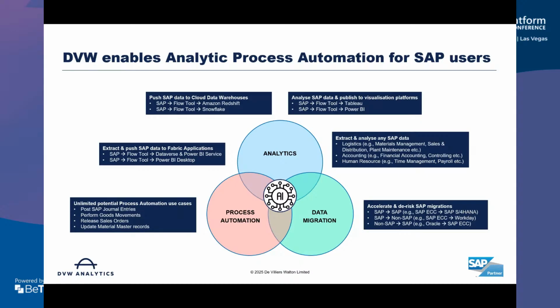We can really accelerate that, and we've got great use cases, great successes in that area, working with some of our partners, but also maybe from SAP to non-SAP or vice versa. Anywhere where data needs to be moved, we can de-risk it by making it much more transparent and much simpler to control and move data from system to system. Right in the middle there, you can see AI, and we'll show you a little bit of AI in one of the demos a little later on.